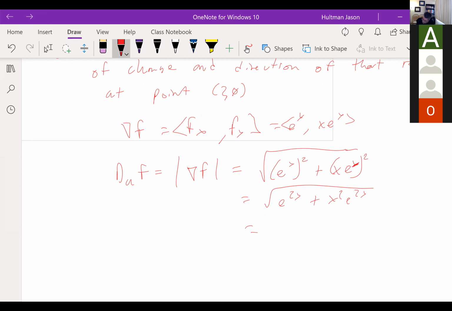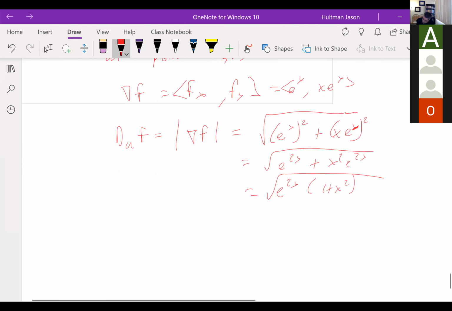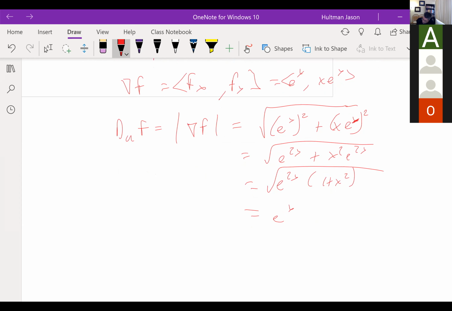Square root, which is equal to the square root of e to the 2y times (1 plus x squared), which is equal to e to the y times the square root of 1 plus x squared.